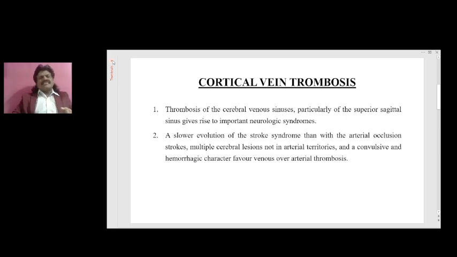Seizures are in favor of cortical vein thrombosis and are less commonly seen in arterial thrombosis. And hemorrhage, due to back pressure and raised intracranial pressure, is more common in cortical vein thrombosis. So if there is a slower evolution of stroke syndromes, not confined to arterial territories, and seizures and hemorrhage are present, it is more in favor of cortical vein thrombosis.